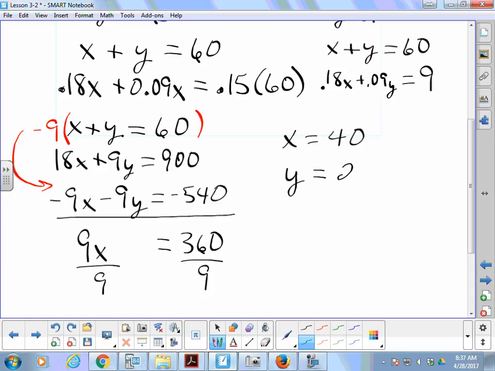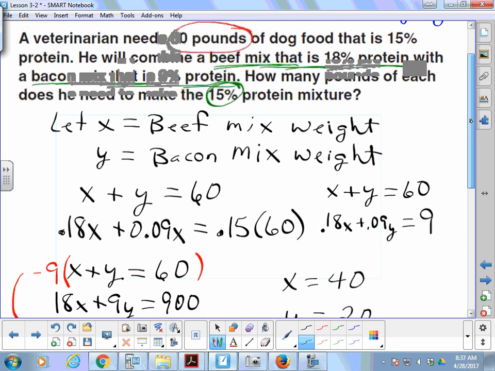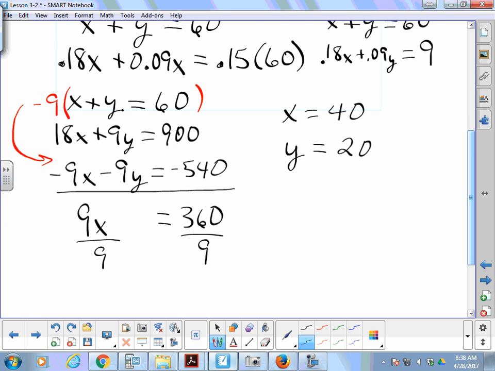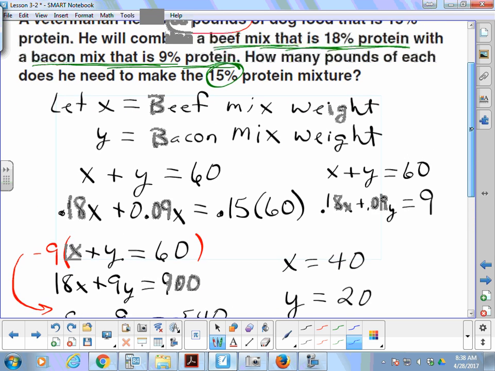So now instead of writing this as a point, you're going to write a sentence to tell me what it means. What are we talking about here? We're talking about a veterinarian. So spell his name right.